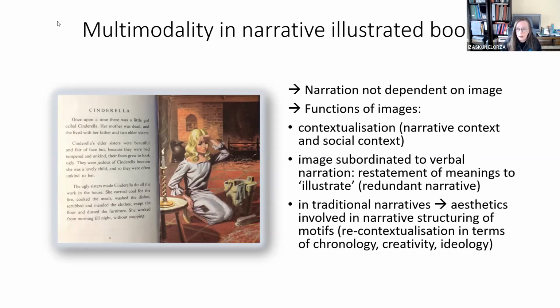So what happens with illustrated books is that the narration doesn't depend on the image at all. So the images have very specific functions, such as contextualize the verbal narration, both in terms of the narrative and some social contextualization as well.